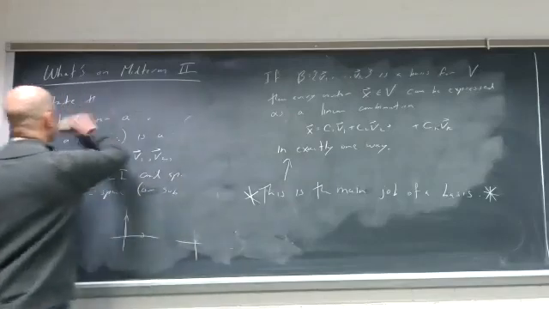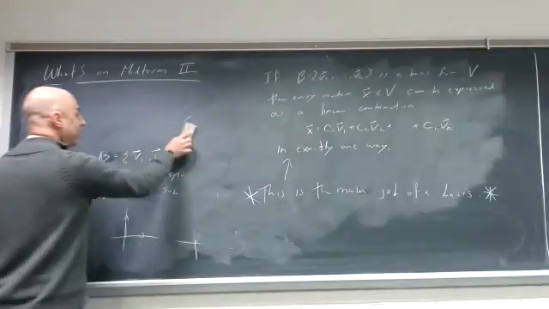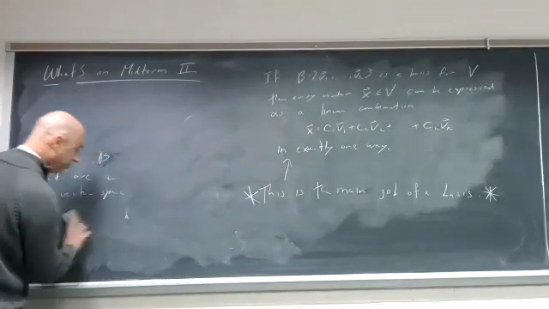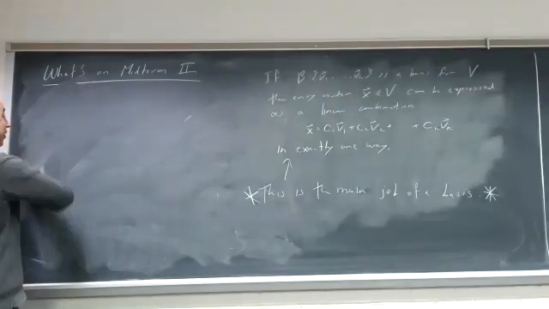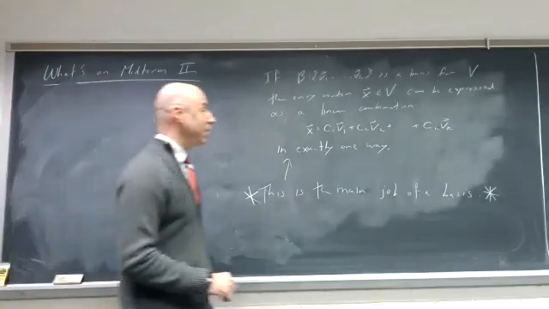Okay, so you should be able to state the definition. You should know that the dimension of a vector space is just the number of elements in the basis.